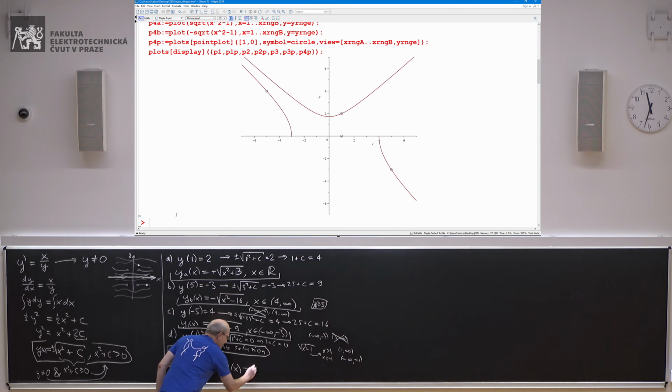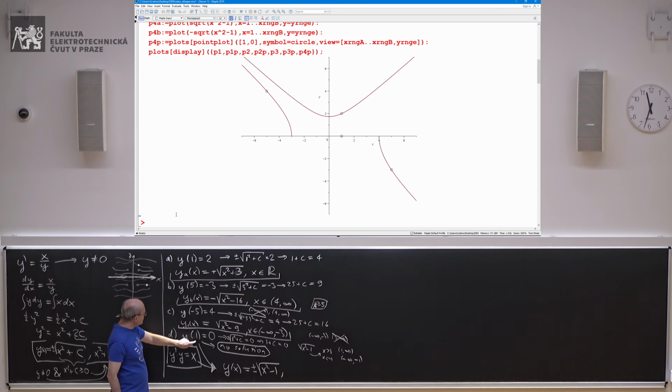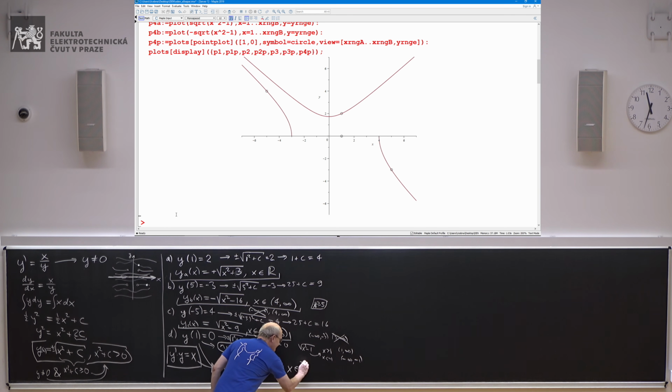Y of x is equal to plus or minus square root of x squared minus 1. And there are two candidates, and I'm picking the one which includes 1, which is exactly the interval 1, infinity.